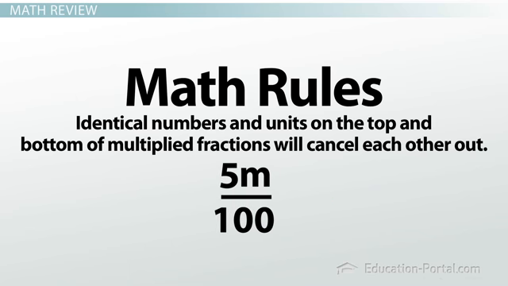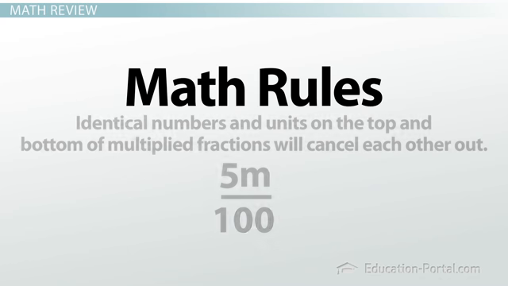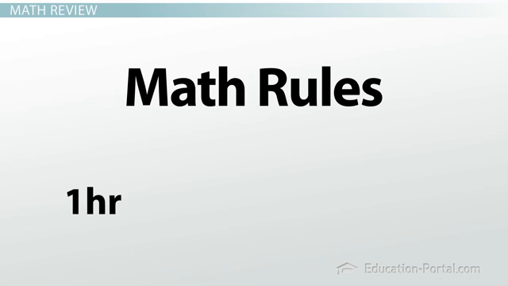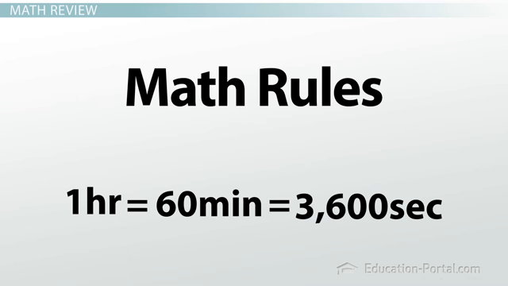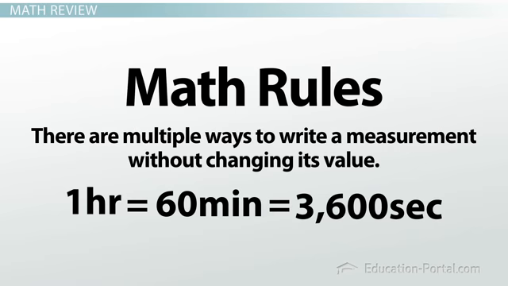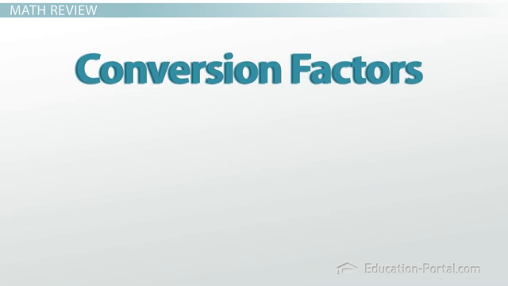Finally, we need to examine what a measurement really is. If a reaction takes 1 hour, there are several different ways we can record this. 1 hour, 60 minutes, 3,600 seconds, and so on. There are multiple ways to write a measurement without changing its value. In dimensional analysis, we will use conversion factors to express these equalities.